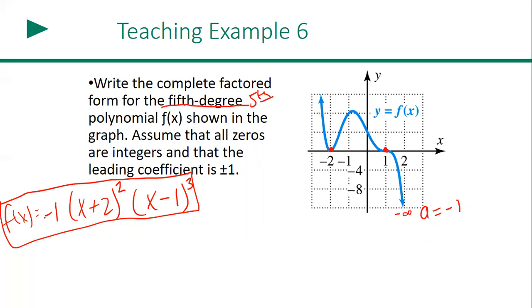I know that my leading coefficient is negative because from left to right, my function ends going down in the negatives. It is decreasing. So A has to be -1. What are your questions? So remember, the multiplicity rule is key.